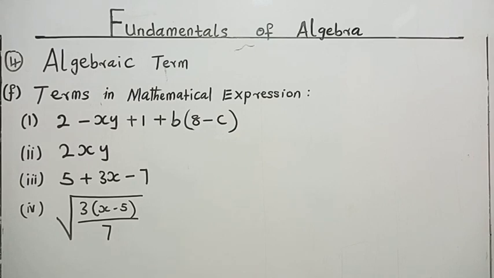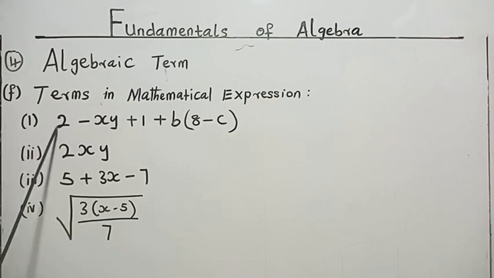But if you want to know whether the expression is a term or not, check whether it is a sum or a difference in isolation. If you see a sum or a difference that does not come under a common operation, that is not a single term, but a number of terms joined together.